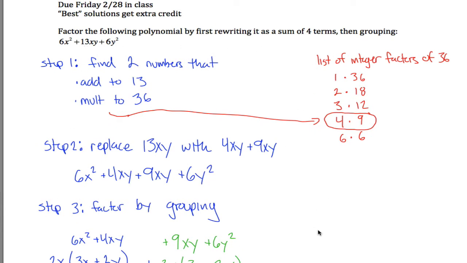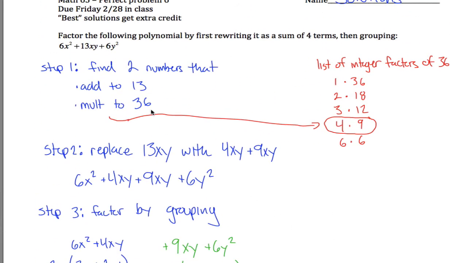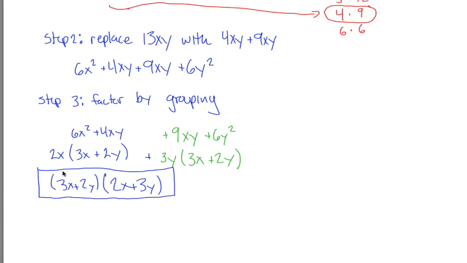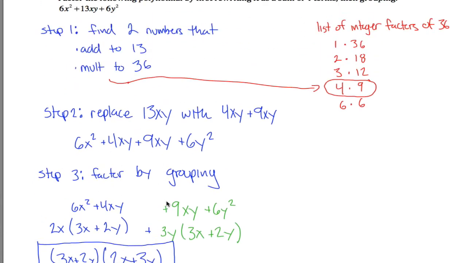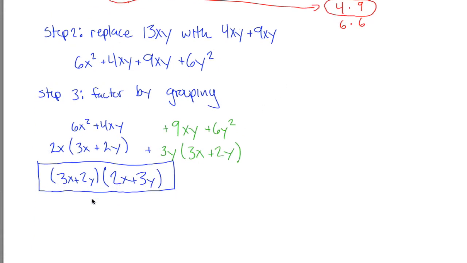At the start I mentioned that there are other ways to do this. The way that a lot of people learn how to do this is to just stare at this thing and say, okay, the coefficients that go out in front have to multiply to 6 so that I get 6x squared. So either it's 3 and 2 or it's 6 and 1 or maybe they're negative.